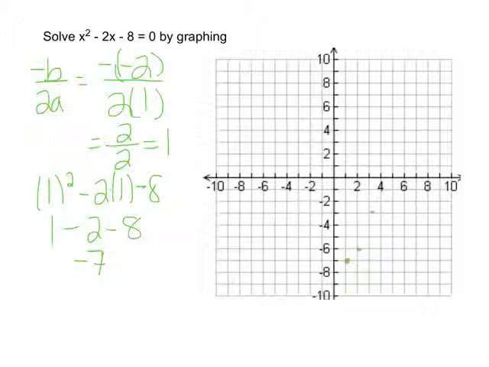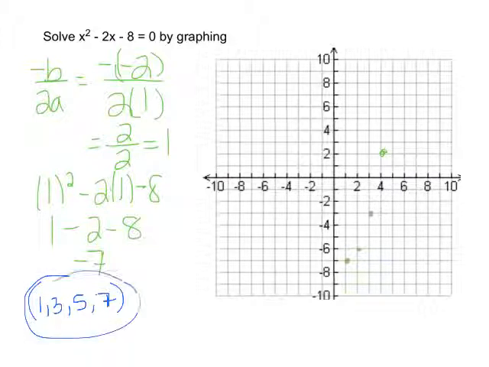And then from this point, I'm going to go over 1, up 5. And then I could even go over 1, up 7, if you see that pattern. So that's always just going to be for parabolas, that I can go 1, 3, 5, 7. As long as you have the vertex, you can always move these points.